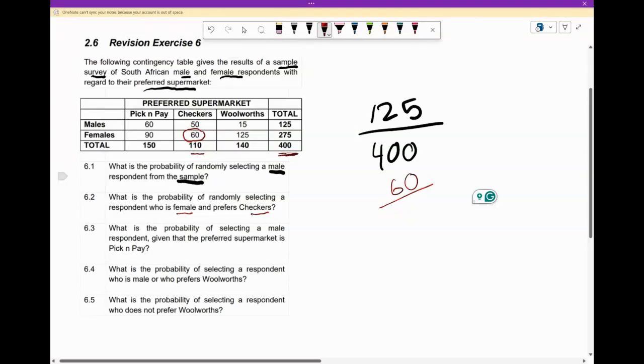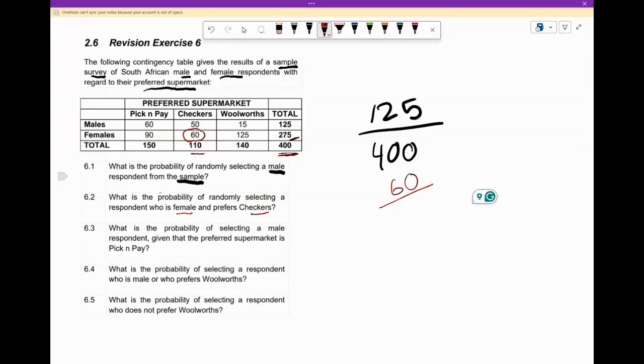All the surveys. Yes, which we have done by saying we want all the females who prefer Checkers. This 275 is of females only.